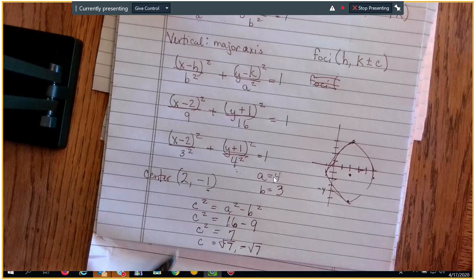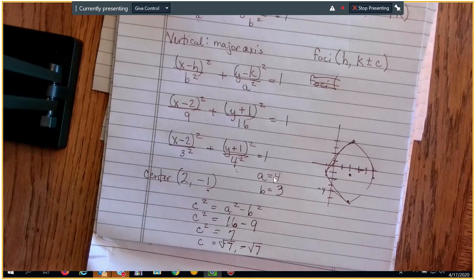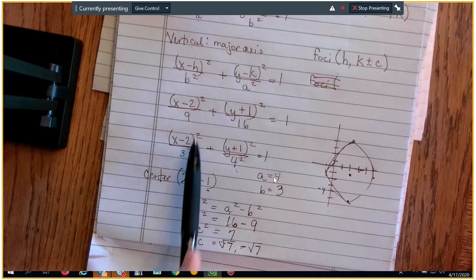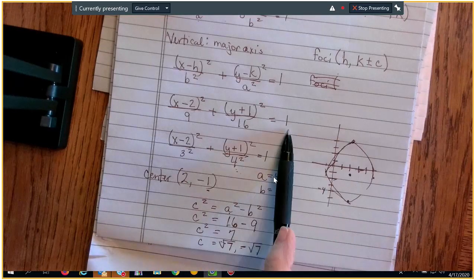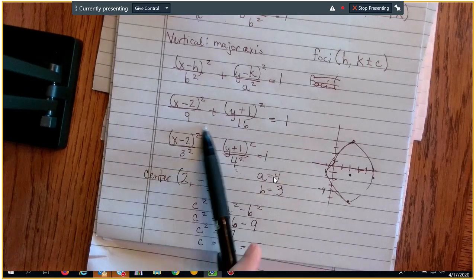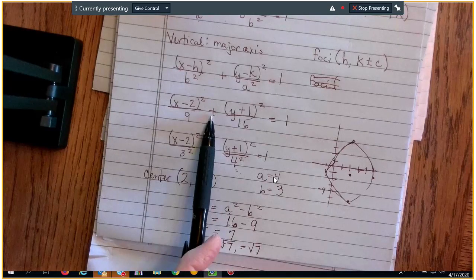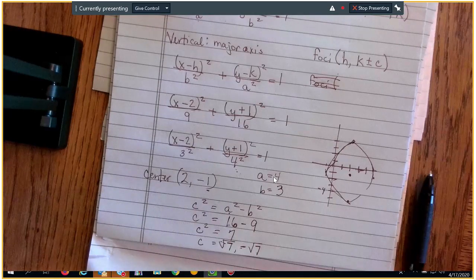Now remember, if you put this in your calculator, you have to solve for y, and in doing so you've got to make sure that you multiply by the 16 over. Then you would subtract this, and you need to take the square root. So there's a lot involved when you're putting it into the calculator, but you can do it.